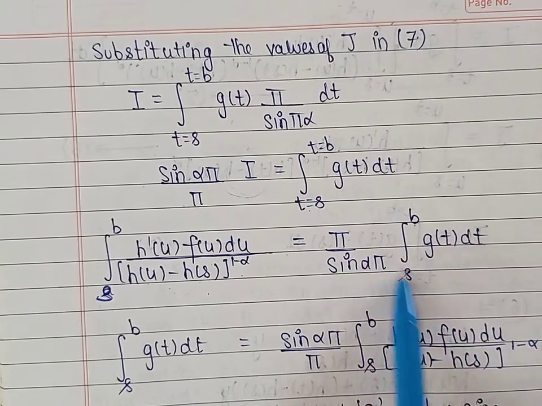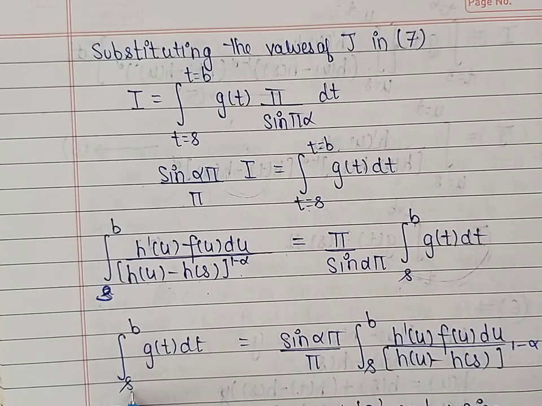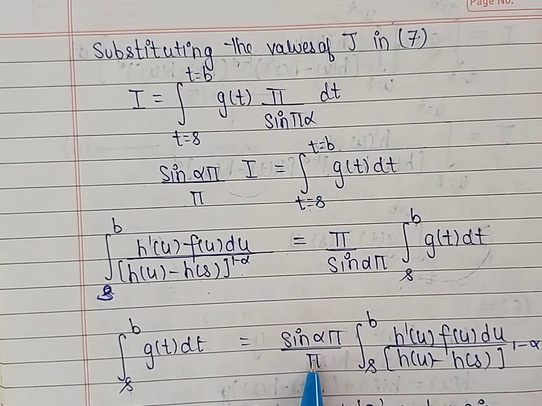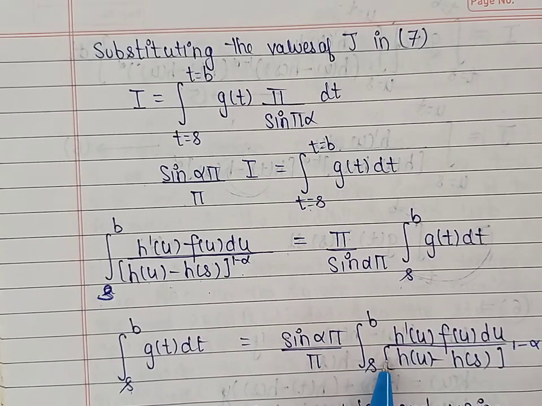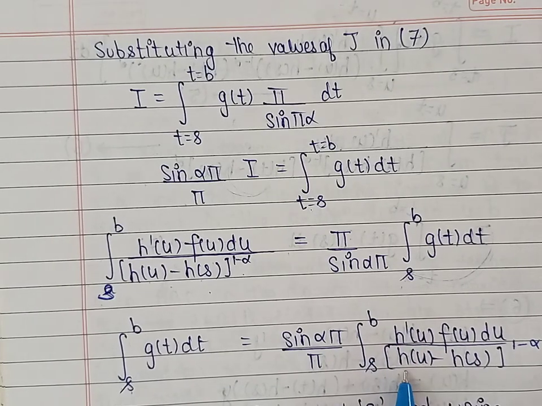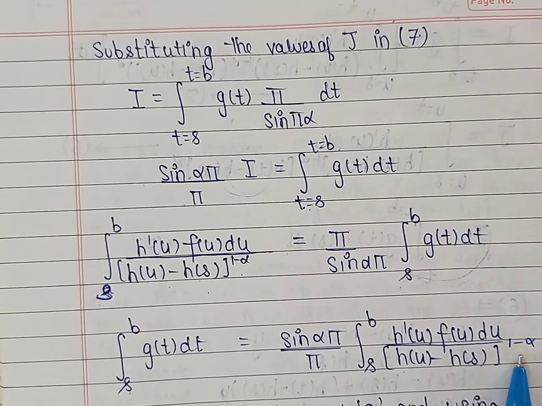Now from here we can find the value of this integral: integral s to b of g(t) dt = sin(alpha pi)/pi times the value of integral I, which is integral s to b of h'(u) f(u) divided by (h(u) - h(s)) whole raised to the power 1 - alpha.